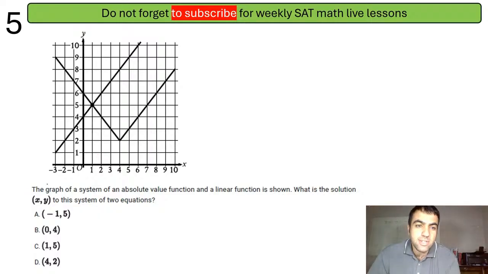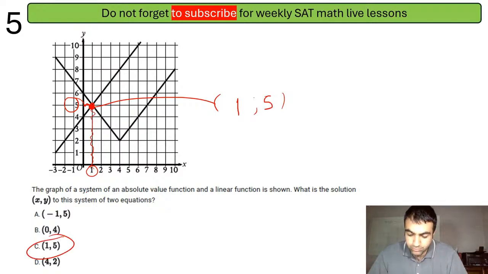What's the solution to this system of two equations? Mr. Shahin says 5 is C. Let's have a look. If we are looking for the solution, we should see the intersection point of the graphs, okay? The x coordinate of this point is 1 and the y coordinate of this point is 5. So C is the correct choice. Mr. Shahin, you are right.